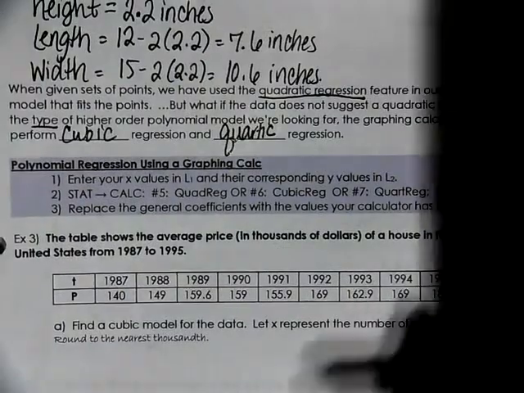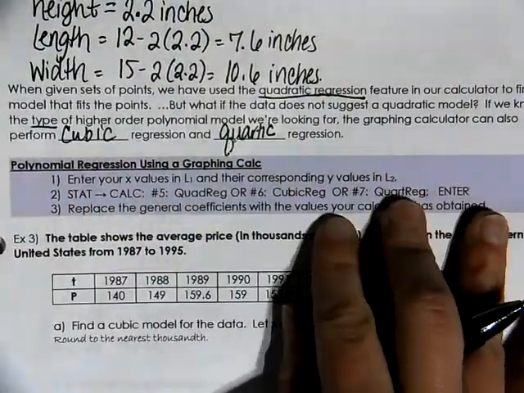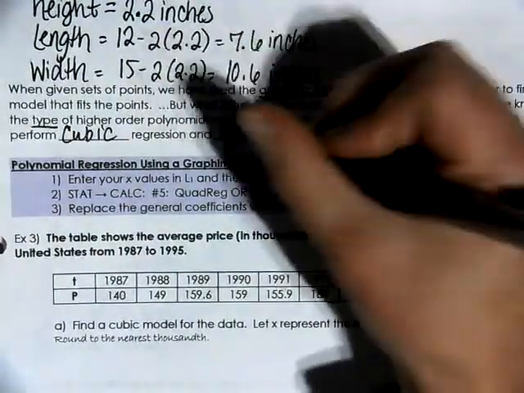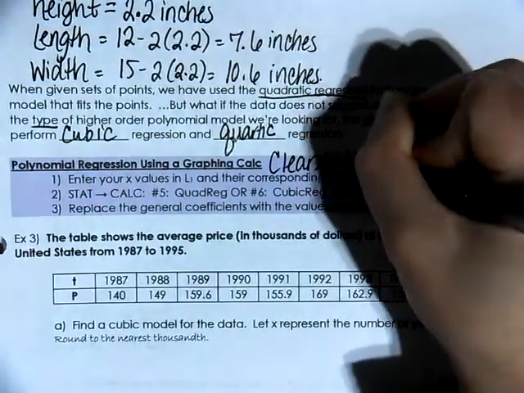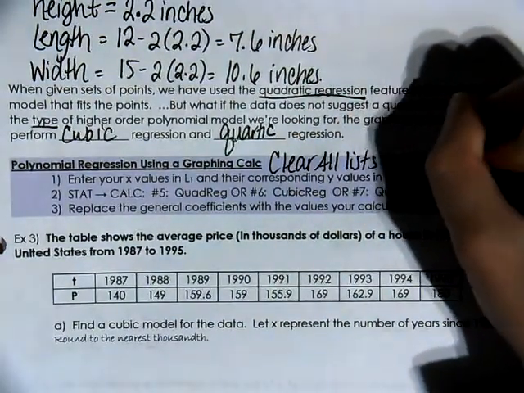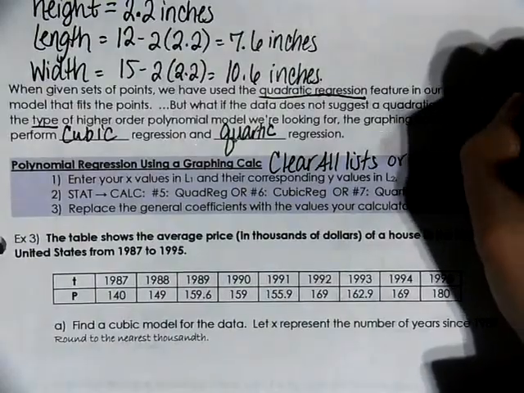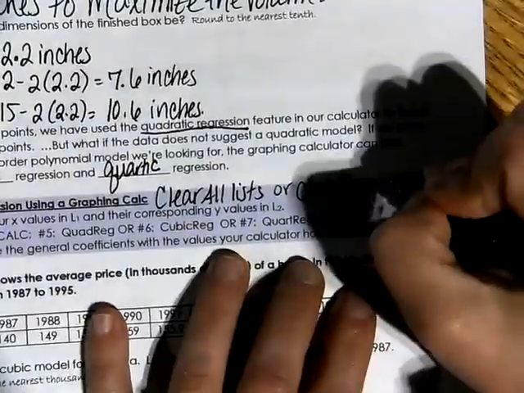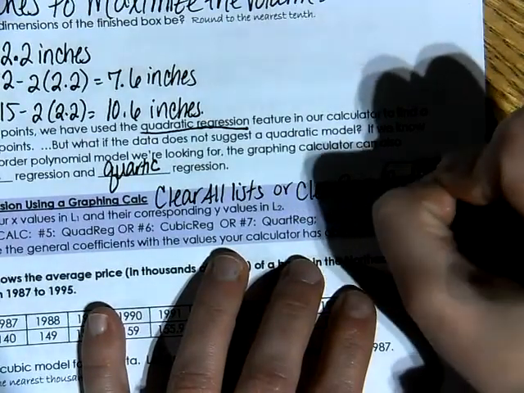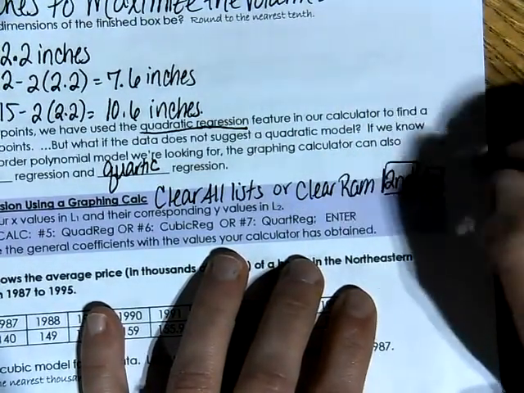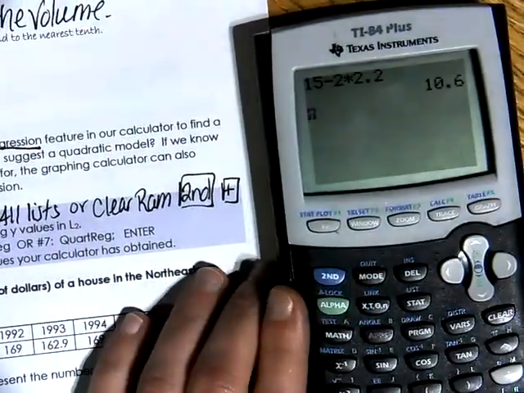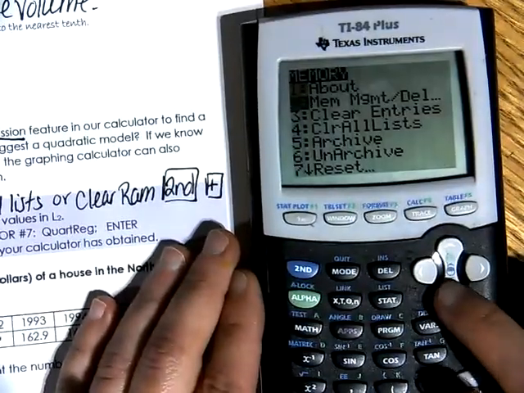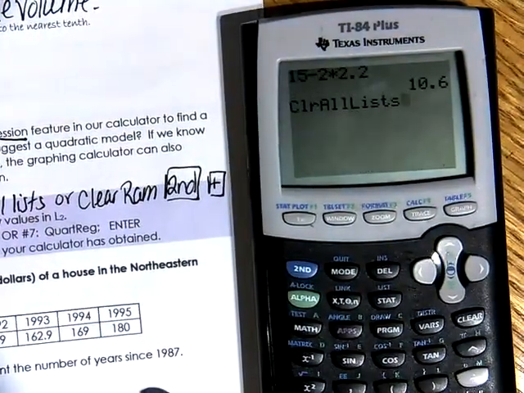So here are the steps for polynomial regressions using the graphing calculator. The first thing you want to do, outside of entering data into your calculator, is make sure that you clear all lists or clear your RAM. The way that you want to do that is press second and then the plus sign. Depends on what you want to do. If you want to go to clear all lists, that's 4 and then enter.